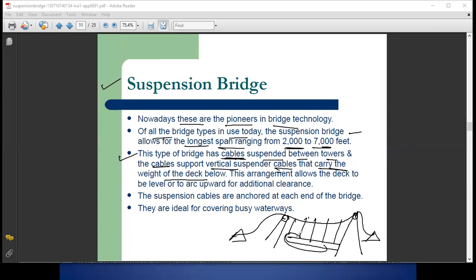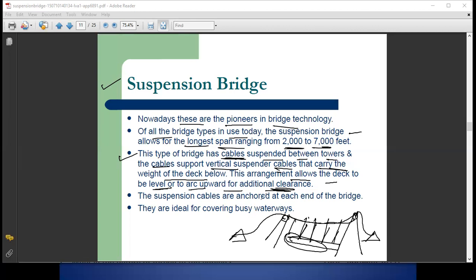So carry the weight of the deck below. Whatever the load on the deck slab, due to vehicles moving, etc., will be carried by the suspenders, and suspenders will transfer the load to the suspension cable. This arrangement allows the deck to be level, or to arc upward for additional clearance.